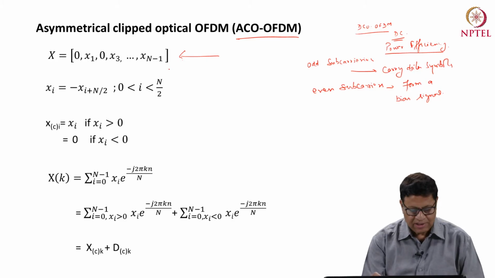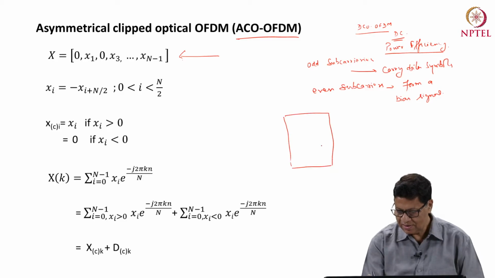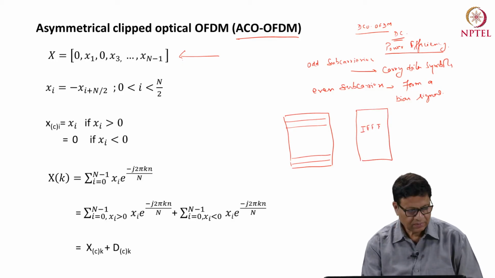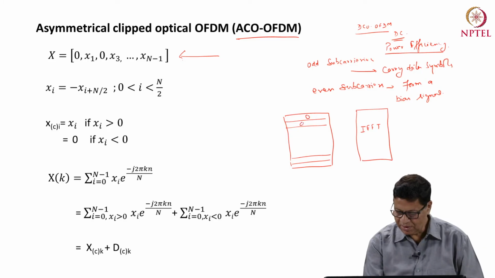And if I see the output of the modulator, or the input to the IFFT, it will be something like this. And this is our IFFT block. So this will be 0, this will be some QAM, and this will be QAM conjugate, because we want to invoke Hermitian symmetry here as well.